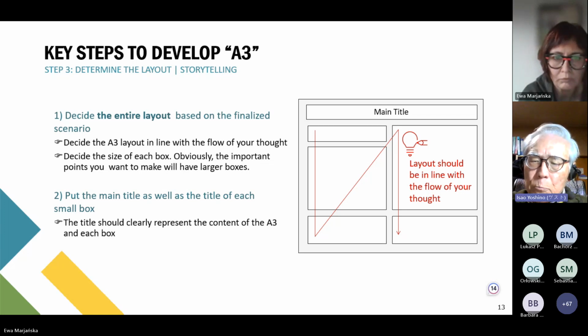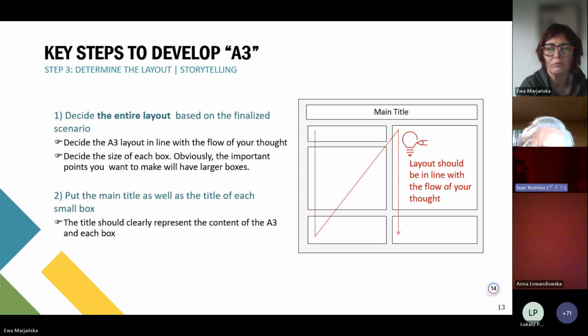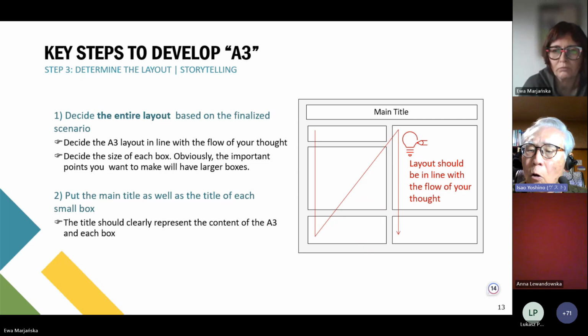So you have to prepare all those key items to help the reader understand more clearly what this person is talking about. In other words, the story flows from left top to left bottom, then to right top and right bottom. The story flows all the way across the surface of the A3 document. The story flow is very, very important.